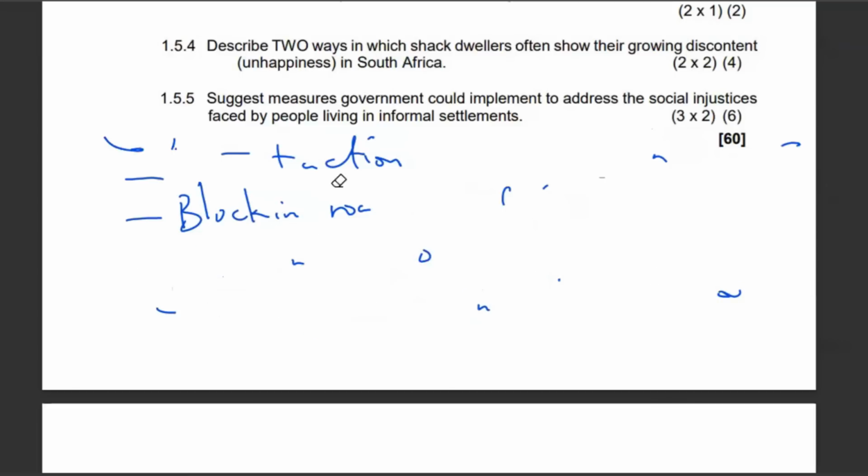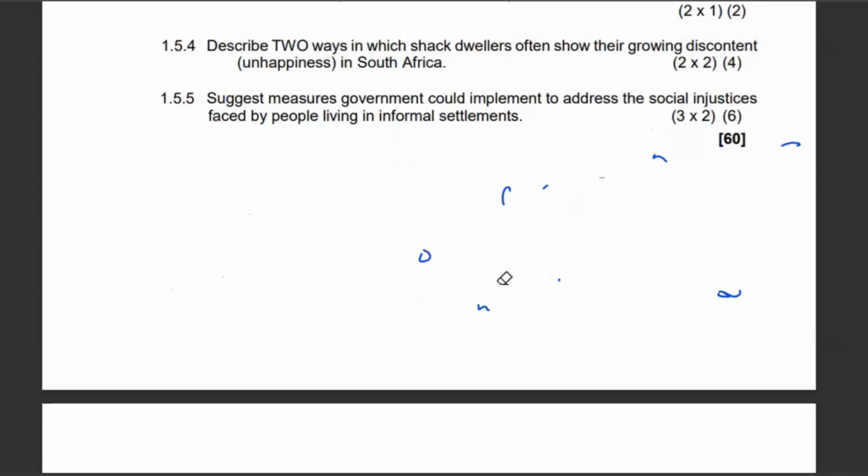What can the government do to try and address the injustices in the informal settlements? We have seen that there are so many problems in the informal settlements. The people are exposed to a number of injustices, but now it is the duty of the government to find a solution to those injustices. What must the government do as a way of trying to solve the problem in the informal settlement?